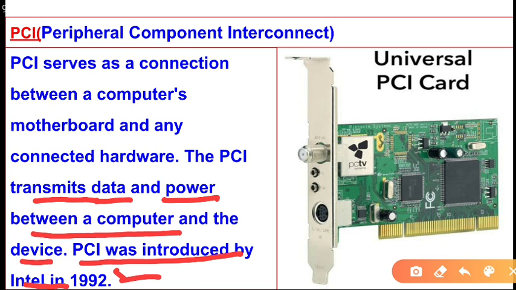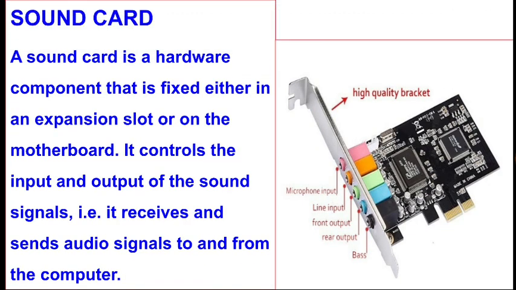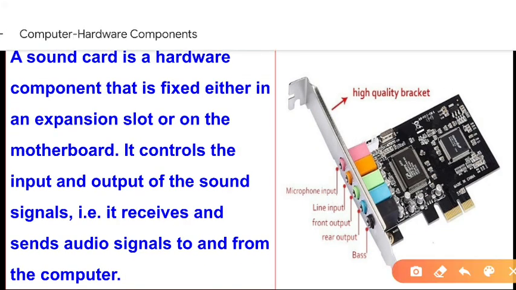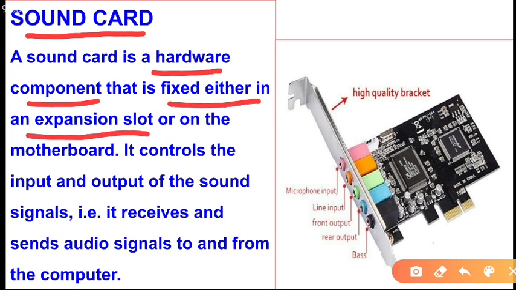Okay, now let's talk about the next internal hardware, which is called the sound card. What is it called? Sound card. A sound card is a hardware component that is fixed either in an expansion slot.